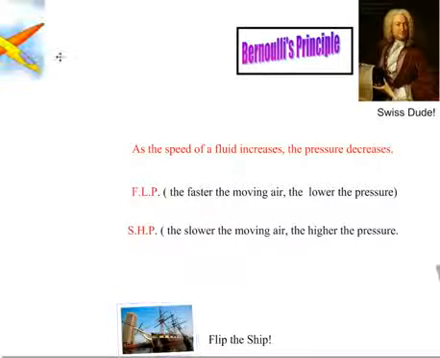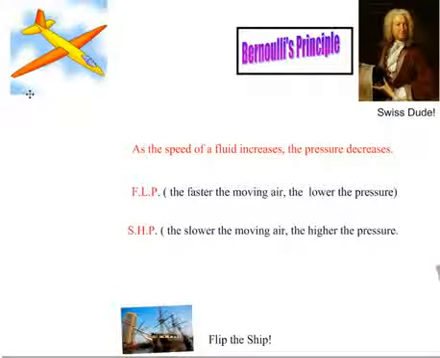Now if we take a peek at our airplane in the corner, you'll remember that we talked about the shape of the wing was an airfoil shape, and it was curved on the top and straight at the bottom. Now, when we had two students try to run around a table to get to the point on the other side, we noticed the person who had to run around the curved side had to run a lot faster.